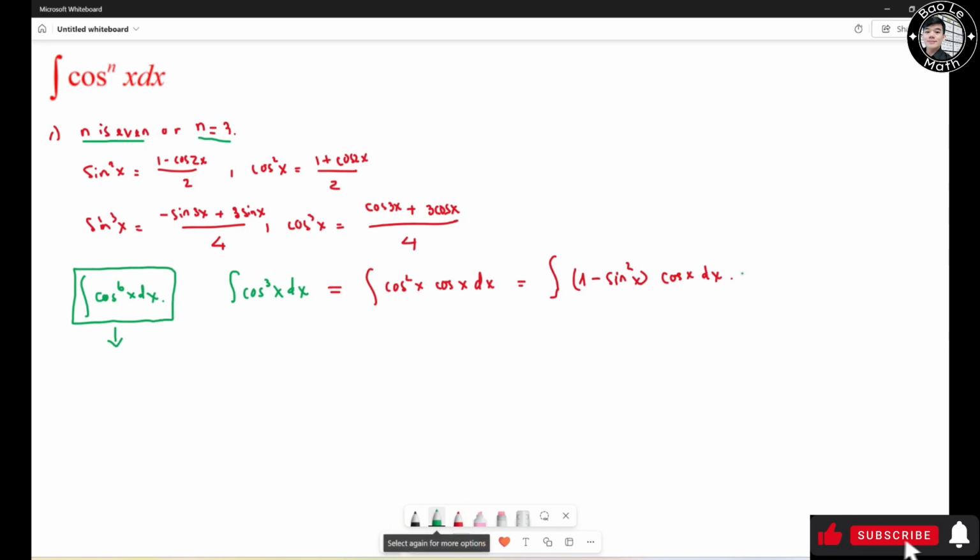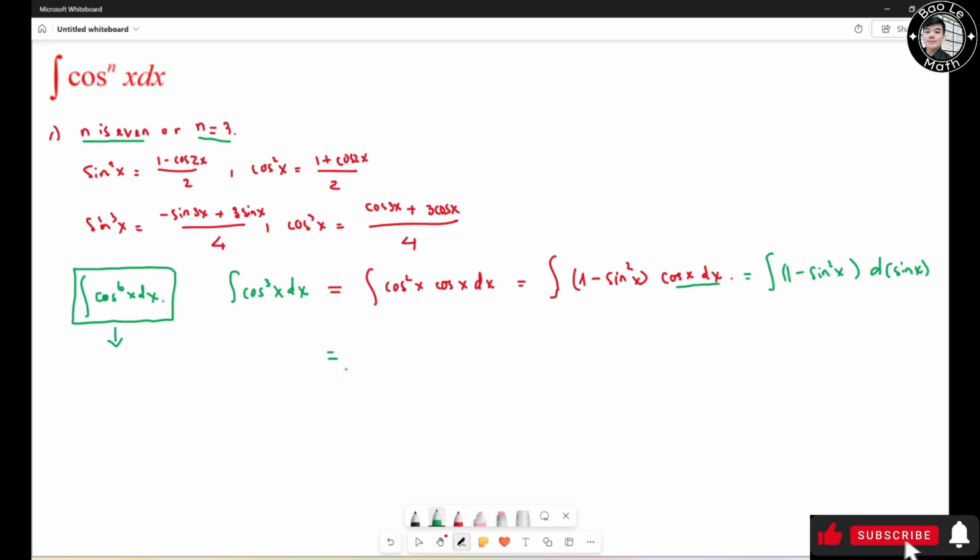So this one can be written as 1 minus sine square of s, cosine s ds, which is going to be d sine s, right? Because the derivative of sine s equals cosine s, right?